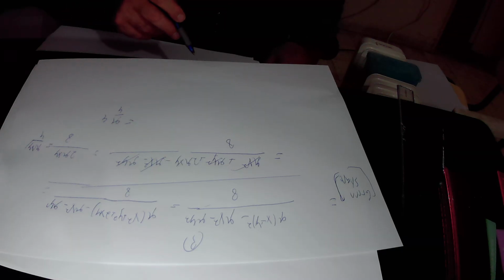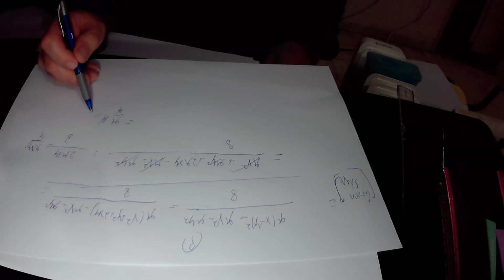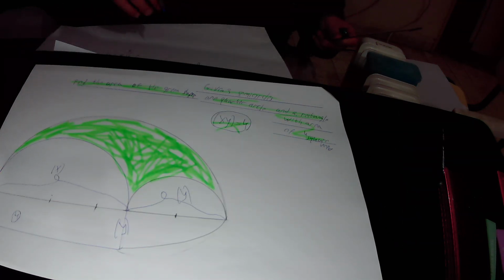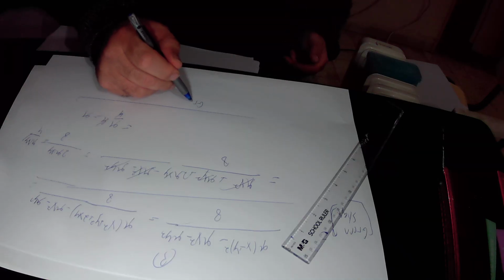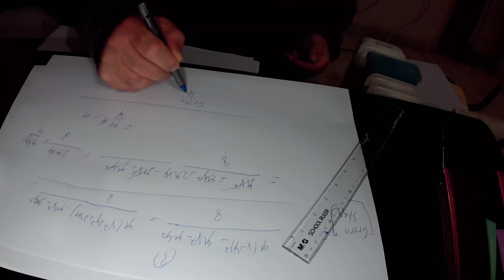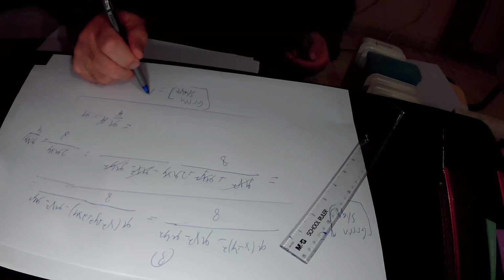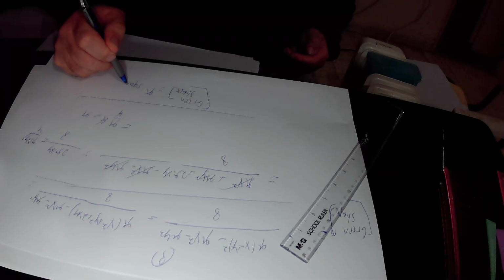We have 4 in the numerator and 4 in the denominator, so 4 will get cancelled, and we are left only with pi. So we found out that the green shape, the area that we are looking for in this question, is equal to pi square units in its size.